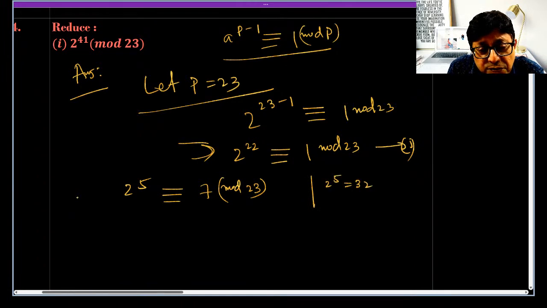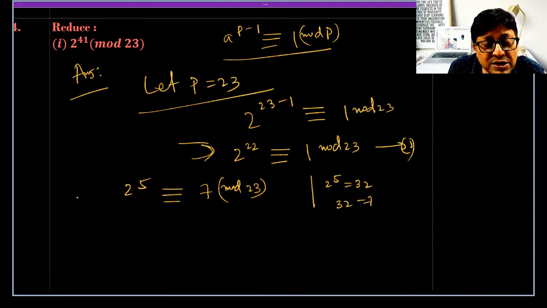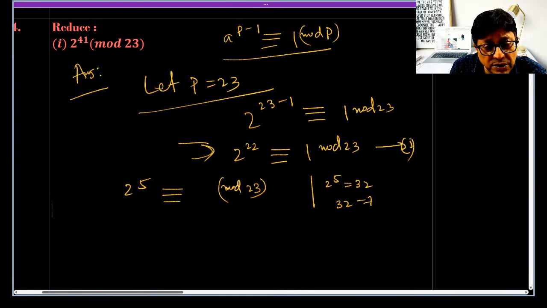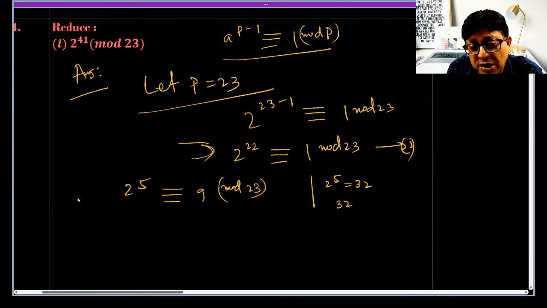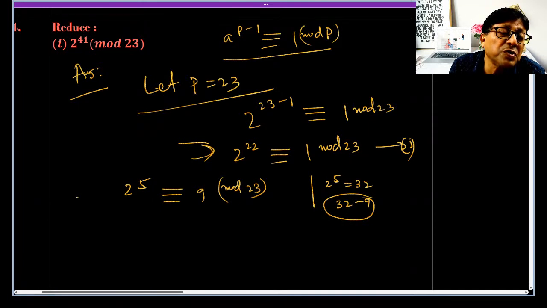It is 32. 32 minus 7... no, not 7, it will be 9. Sorry for that. 32 minus 9 is 23. So 2 to the power 5 is congruent with 9. Does it help?